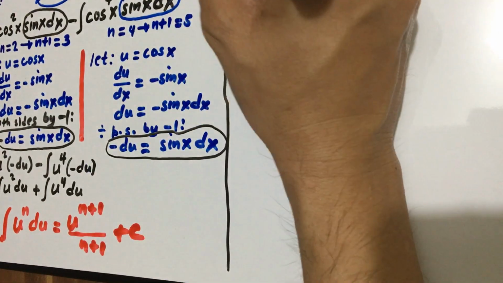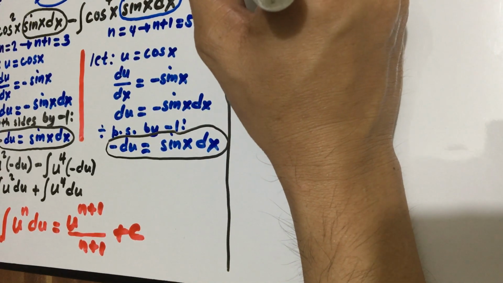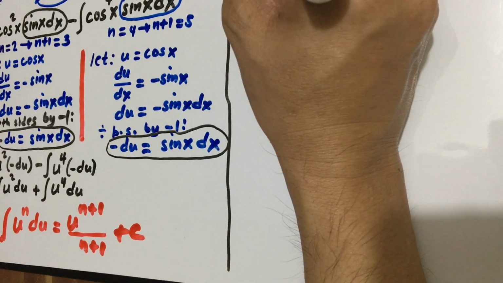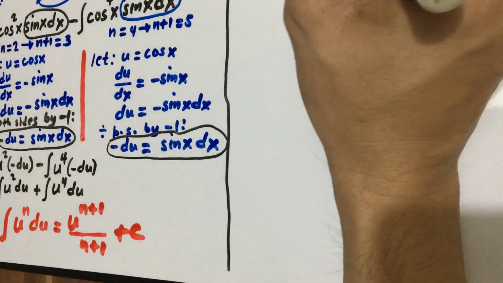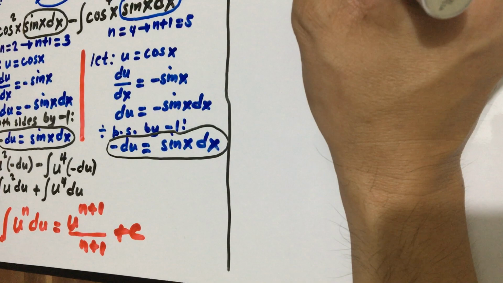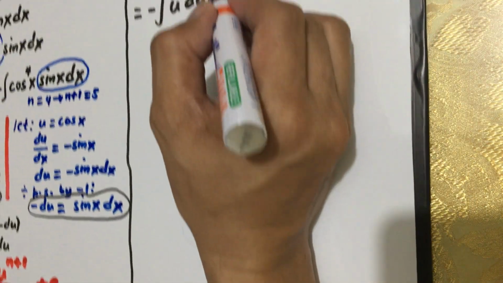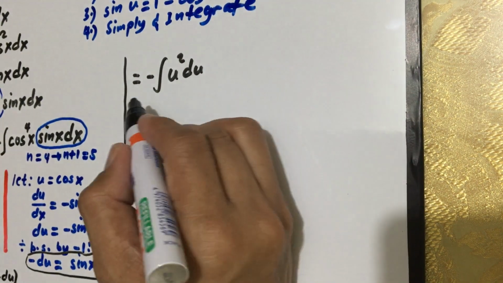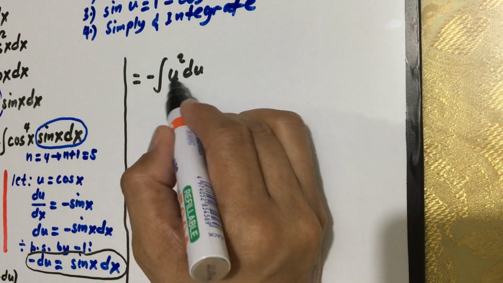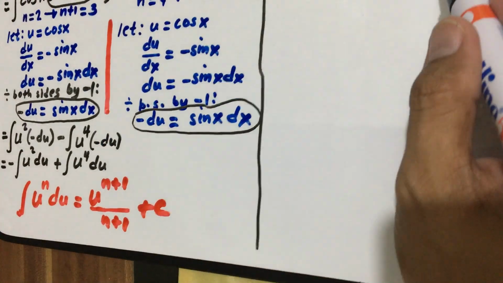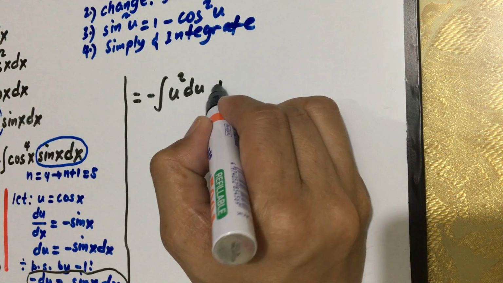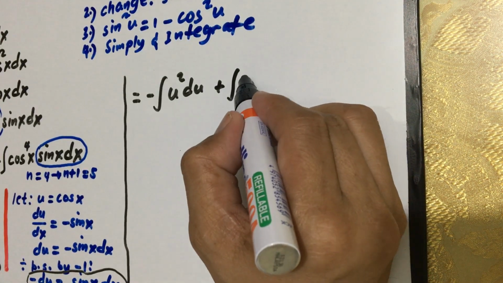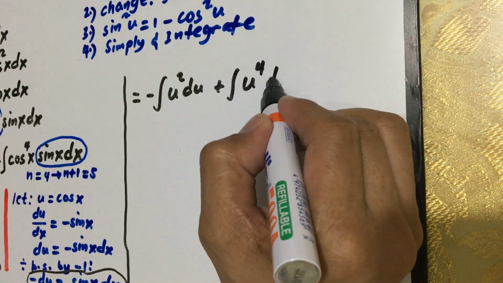Our result here, I will just rewrite it, class. So we have equal to negative of the integral of u squared du, then plus the integral of u to the 4th power du.